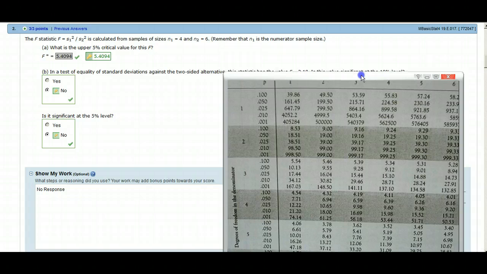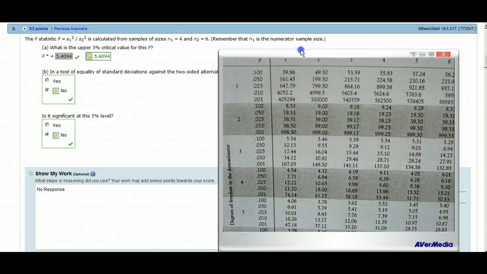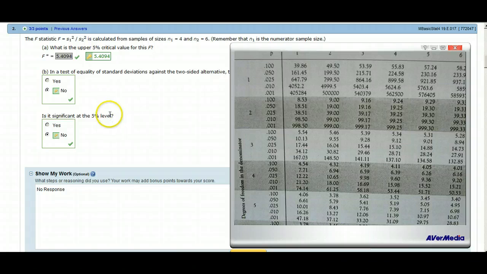2.18 is not greater than our critical value, so that means this value doesn't fall in the tail, which is the rejection region. So we do not reject at the 10% level. Then it wants to know if it is significant at the 5% level. Well, remember, as alpha gets smaller, it becomes harder to reject.